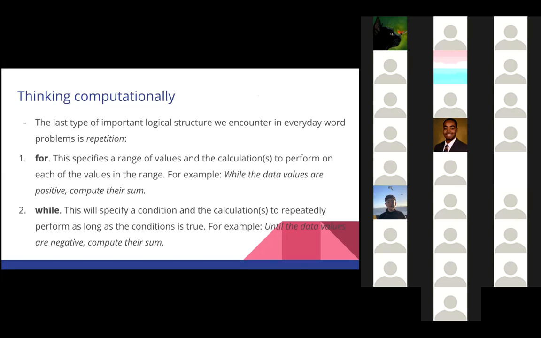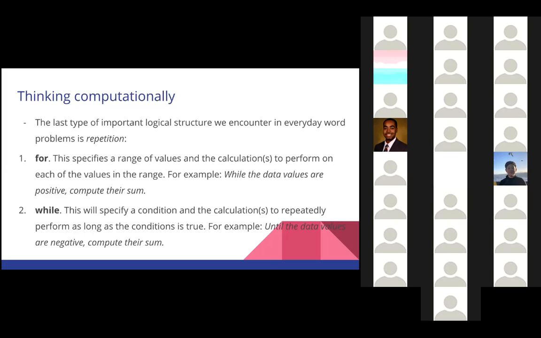Okay, so first, for. This specifies a range of values and the calculations to perform on each of the values in the range. For example, for the data values that are positive, compute their sum. Next, while will specify a condition and the calculations to repeatedly perform as long as the condition is true. For example, while the data values are positive, compute their sum.